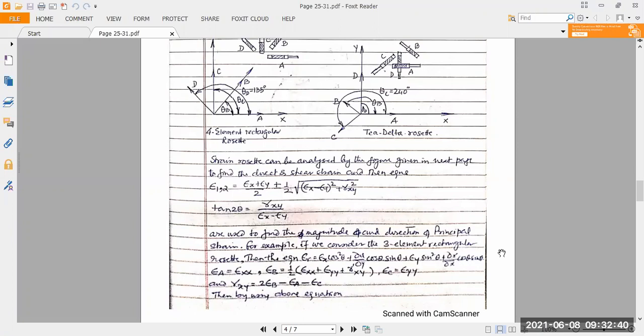And tan 2 theta gives the angle theta, the orientation of the oblique plane for which the strain is maximum or minimum.